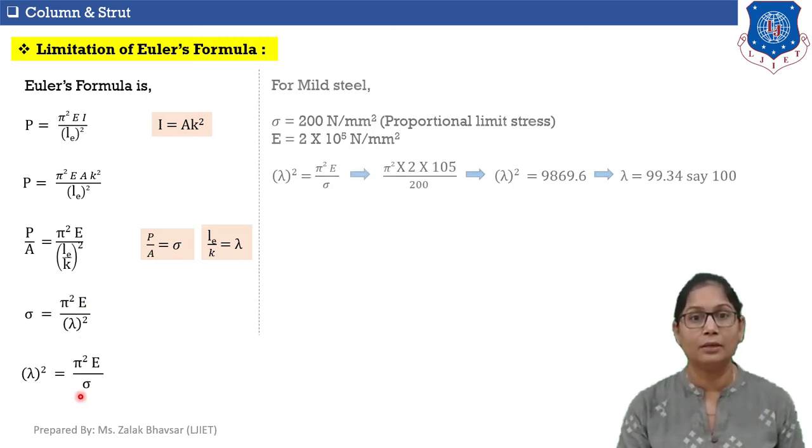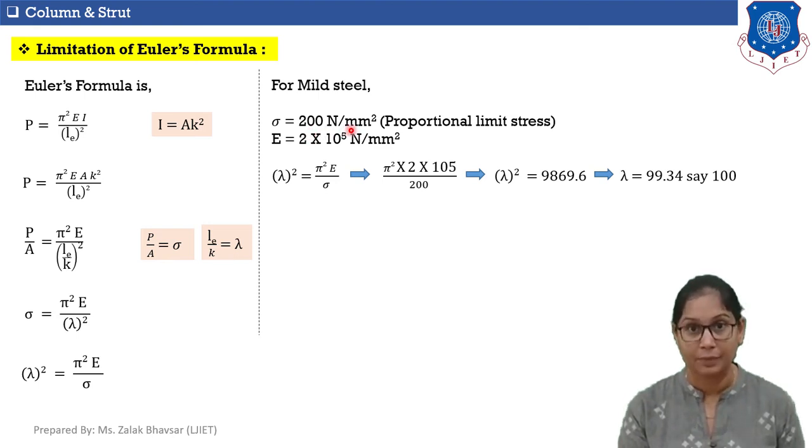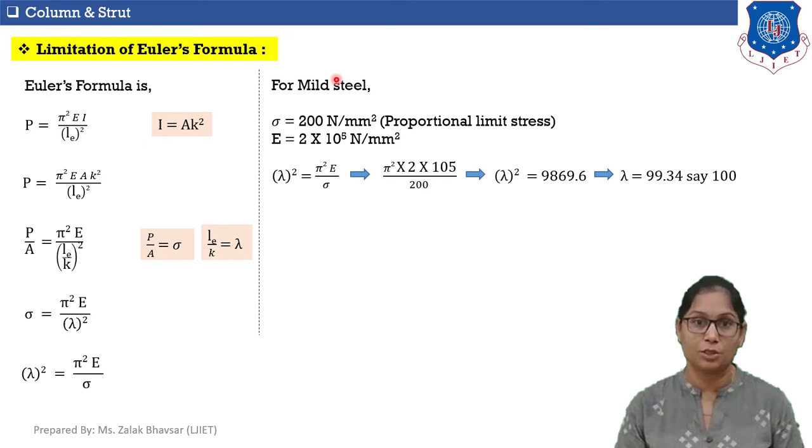Okay. Now let us discuss the case of mild steel. For mild steel, sigma is equal to 200 Newton per mm square. This is the proportional limit stress. Now E for mild steel, which is Young's modulus of elasticity for mild steel, is 2 into 10 raised to 5 Newton per mm square. So if we put the sigma and E values in this equation, then I get lambda square is equal to pi square into 2 into 10 raised to 5 upon 200.